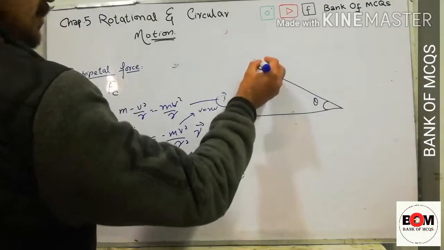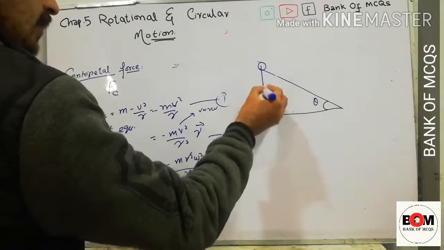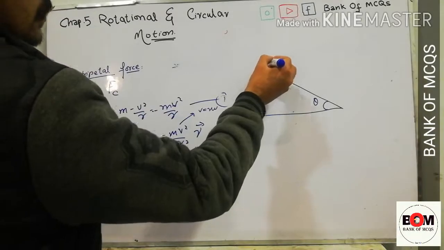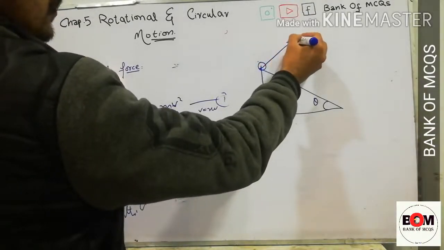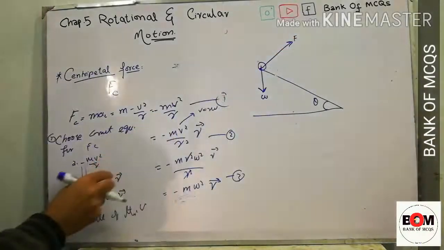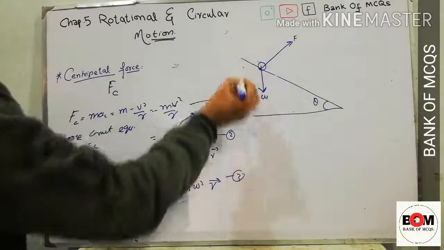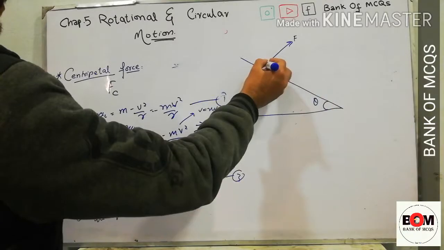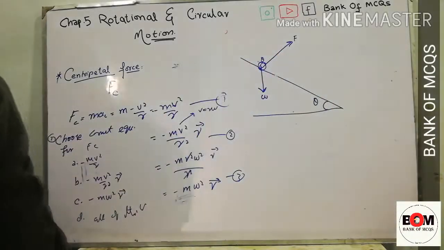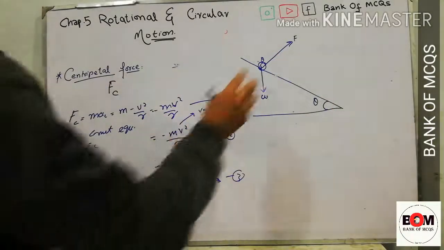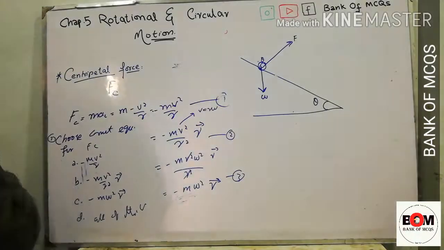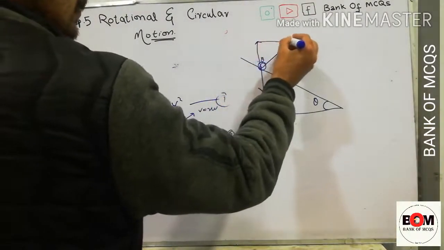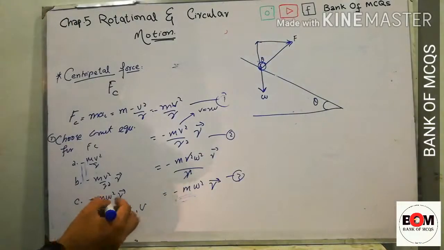If this is the object, the weight acts on it downward, and the normal force acts on the object perpendicular to the plane. This angle we will replace by theta here. So resolving the force into its two components, this one and the other one.